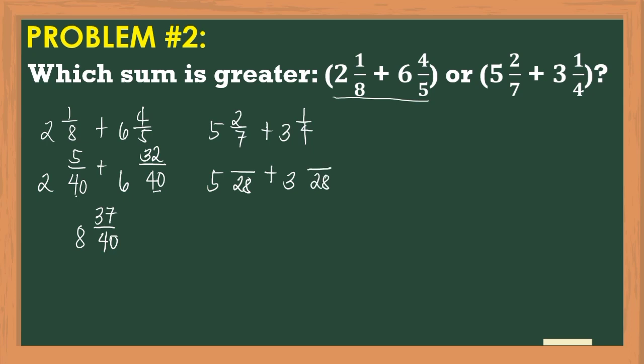So, 28 divided by 7, that is 4 times 2, 8. Next, 28 divided by 4, that is 7, times 1, 7. And then we add the whole numbers, 5 plus 3, that is 8. And then, 8 plus 7, that is 15, over 28.